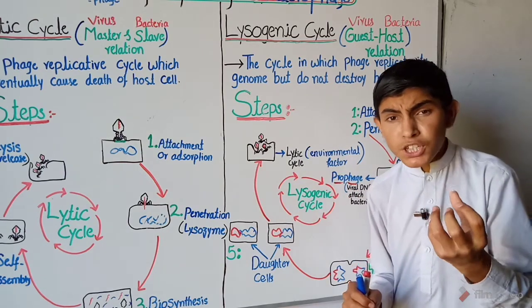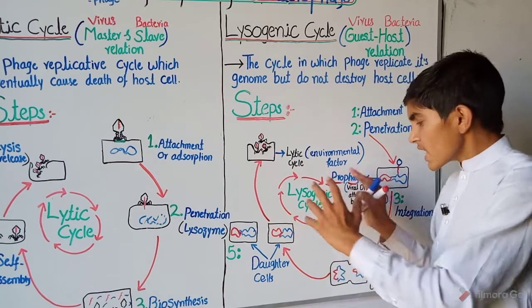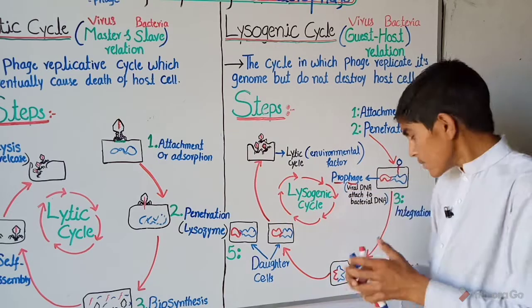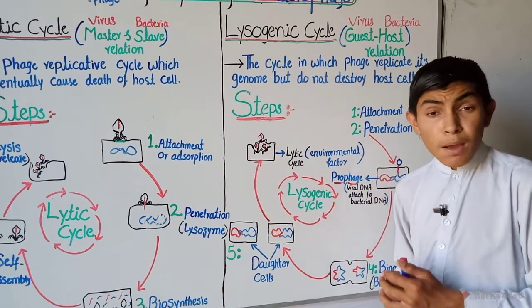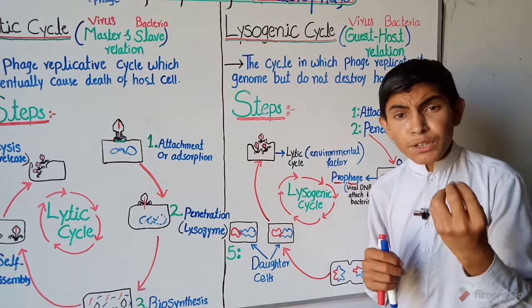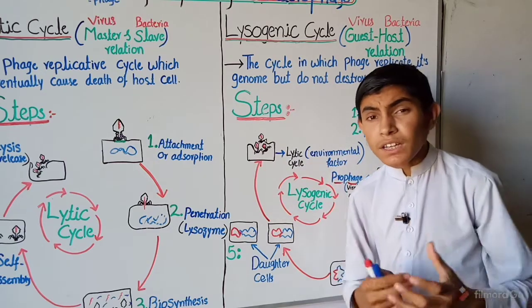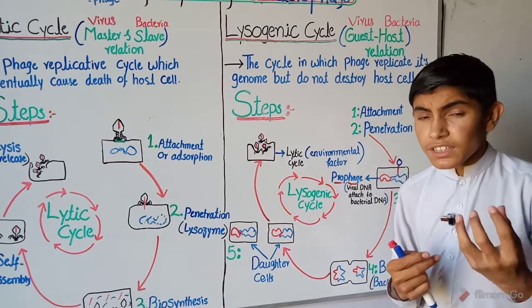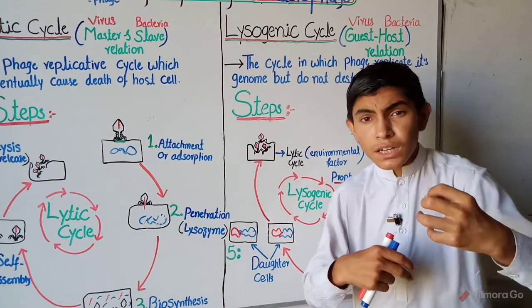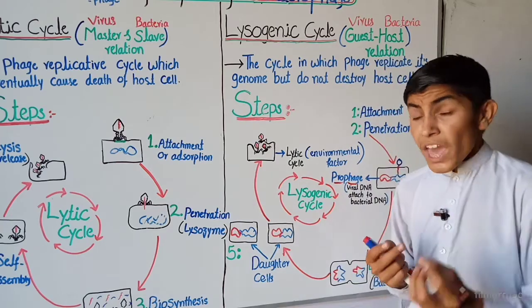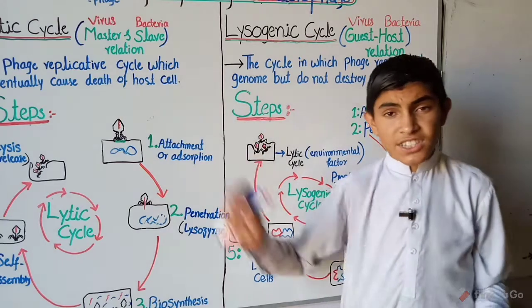It has the information and the ability, but in this case it lives in harmony with the bacterial genome. But after completing this cycle one time, if some environmental condition changes, it can start the lytic cycle back.